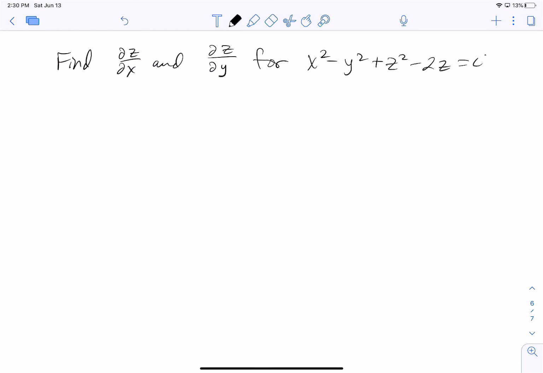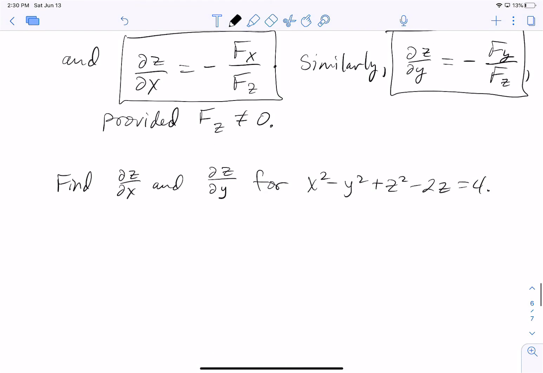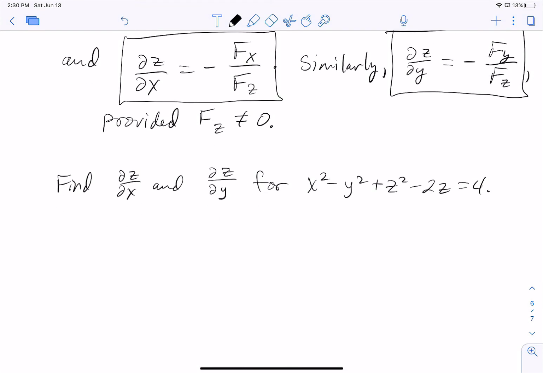Let's see an example of this. Find the partial of z with respect to x and the partial of z with respect to y for x squared minus y squared plus z squared minus 2z is equal to 4. And we're going to use these expressions that we just wrote down for these partial derivatives.